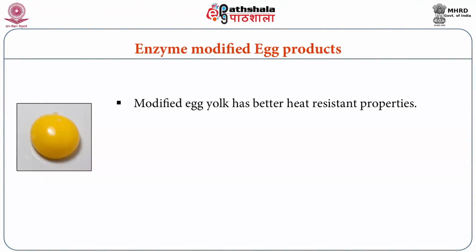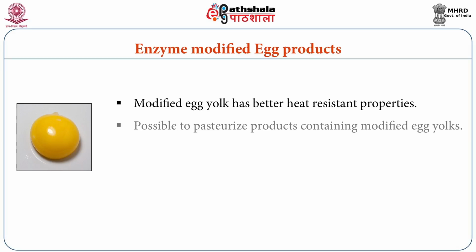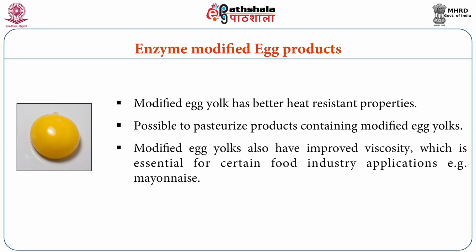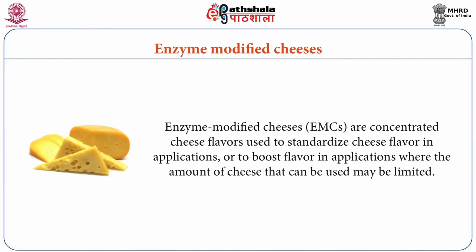The modified egg yolk has better heat resistant property, and thus we can pasteurize products containing modified egg yolks, which otherwise would not have been possible. Modified egg yolks also have improved viscosity, which is essential for certain food industry applications, for example the manufacturing of mayonnaise or egg based mayonnaises.